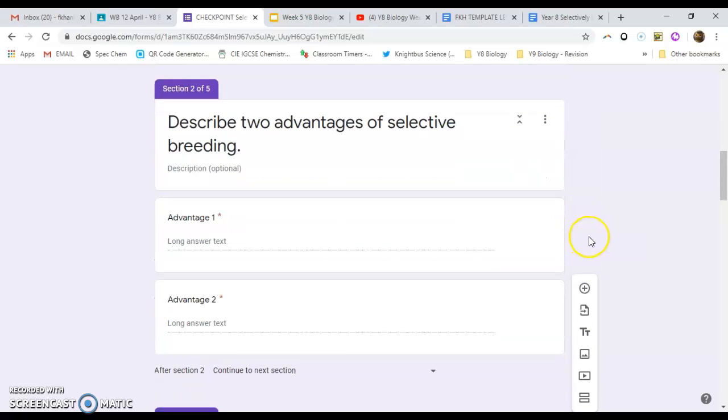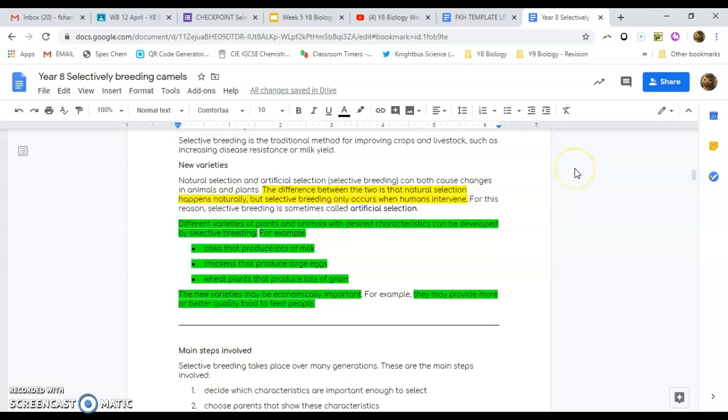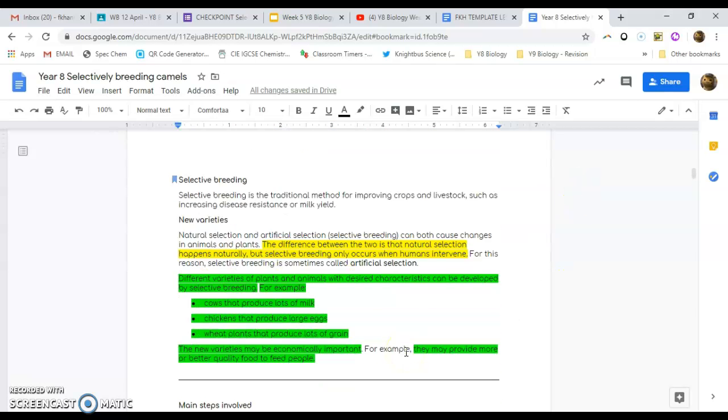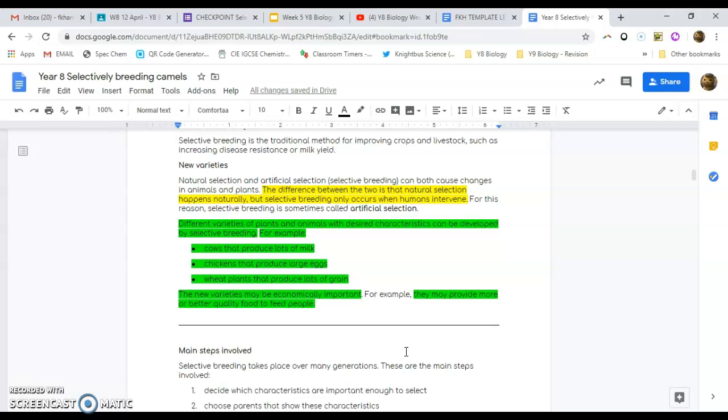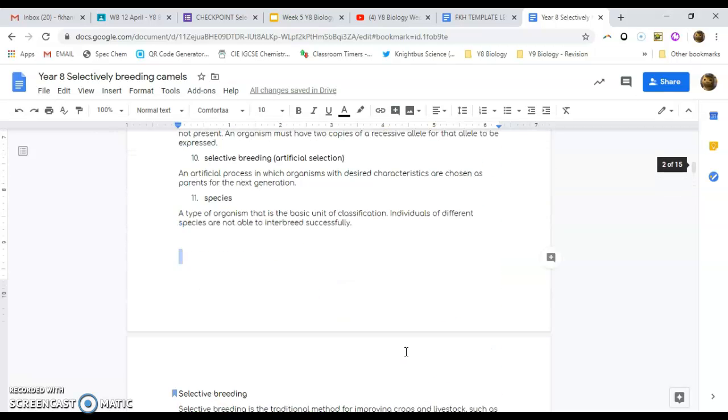And I want you to describe 2 advantages of selective breeding. Use the document. I've highlighted where you can see some important pieces of information. Those are the disadvantages. And you've got the advantages that are there as well.